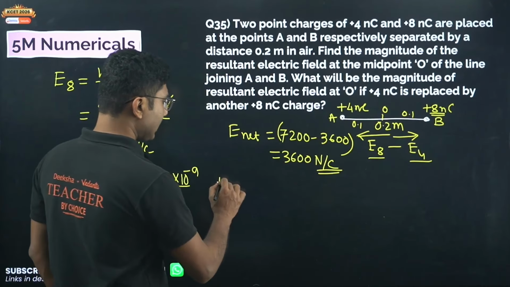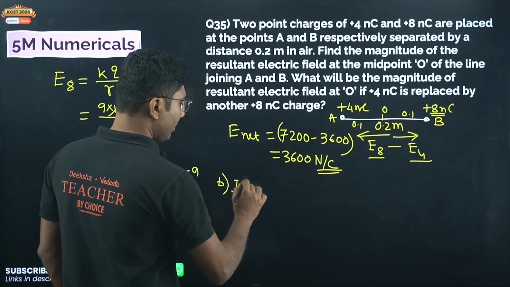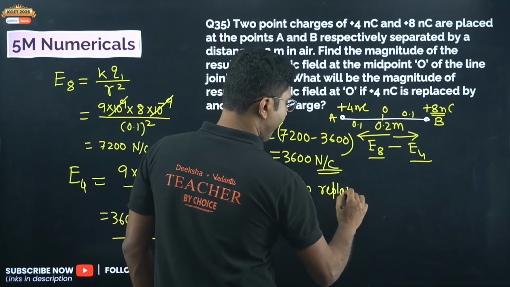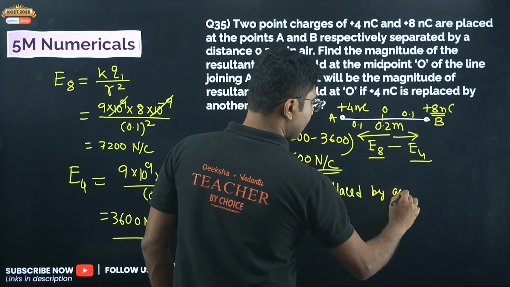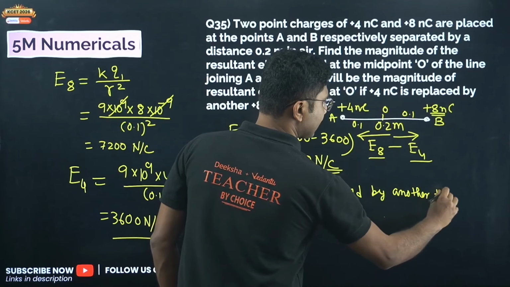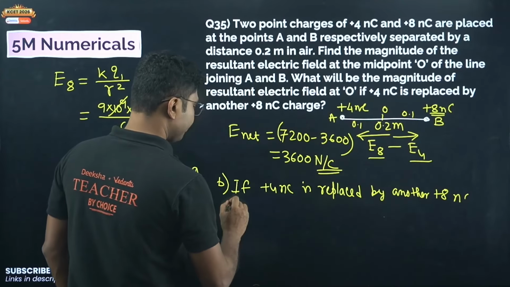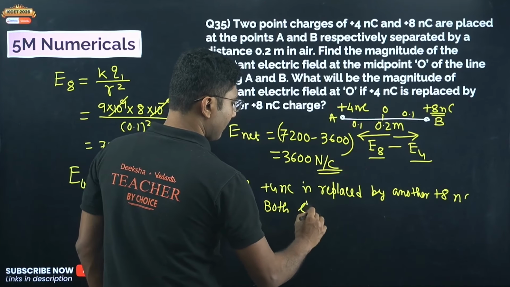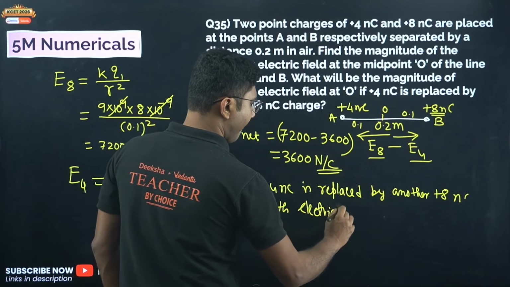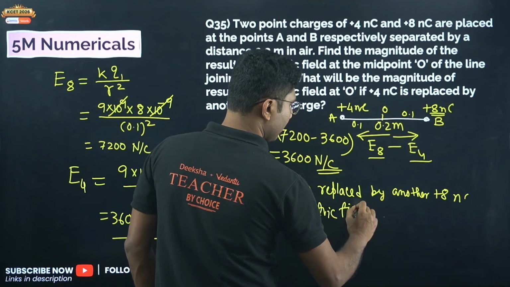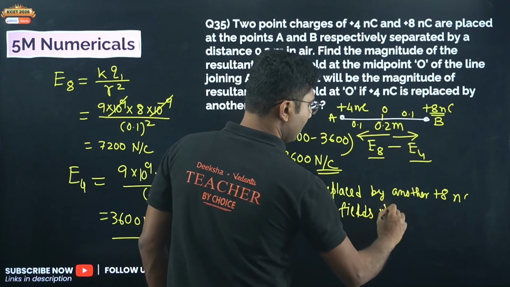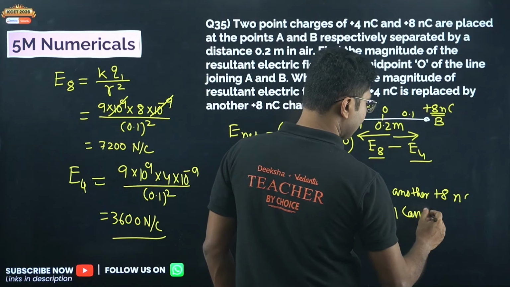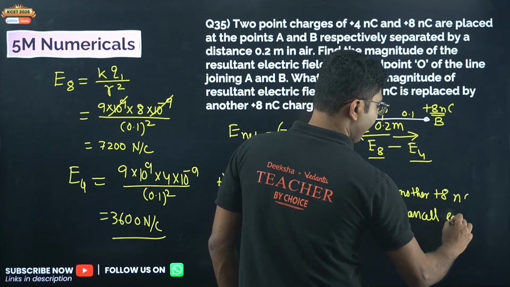So part B: if plus 4 nanocoulomb is replaced by another plus 8 nanocoulomb, then both electric fields will cancel each other, right? Equal and opposite electric fields cancel each other.